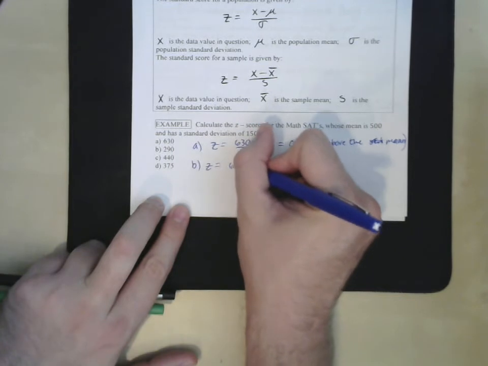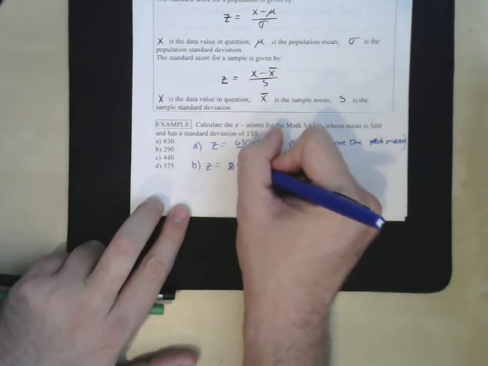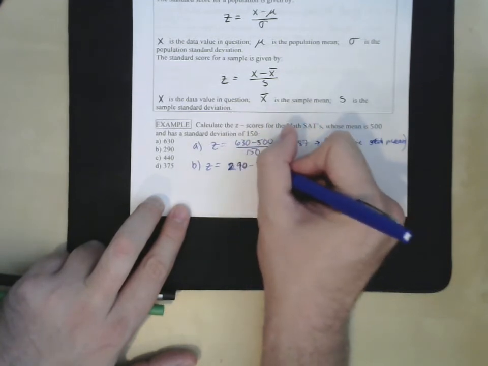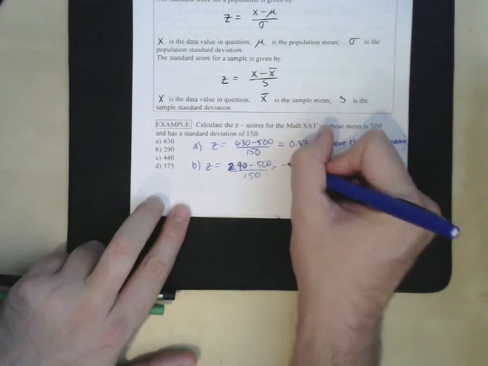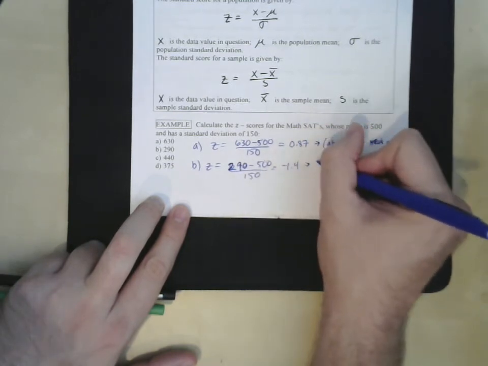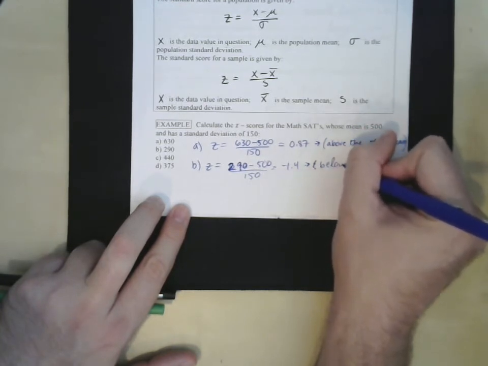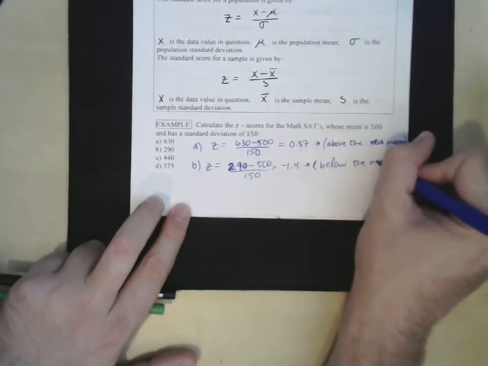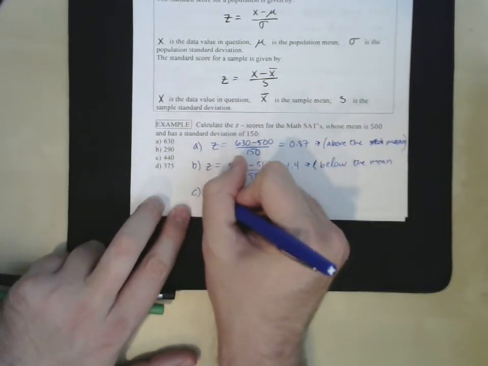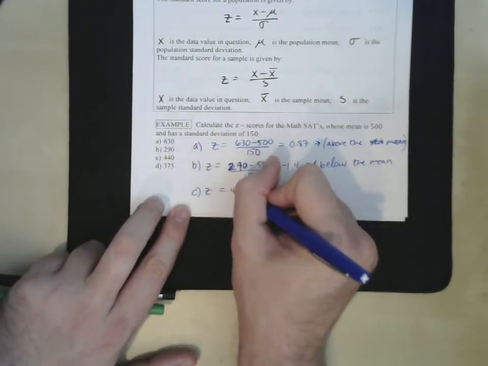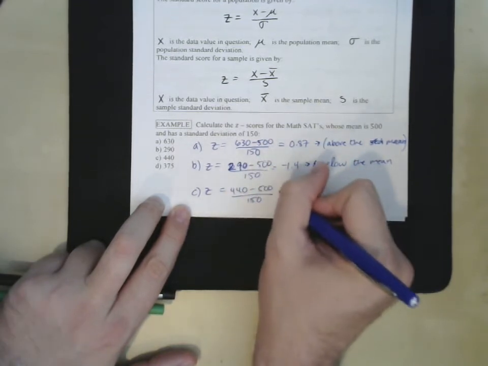B, z equals... not 630 anymore, 290. Minus 500 over 150. This gives us negative 1.4. This is below the mean. For C, z equals (440 minus 500) over 150.